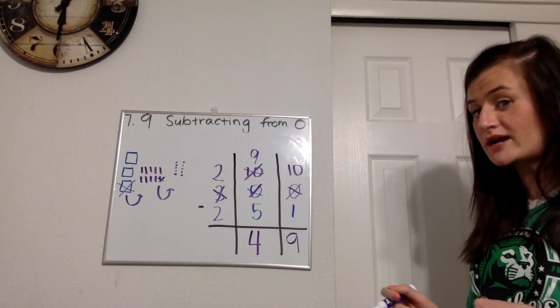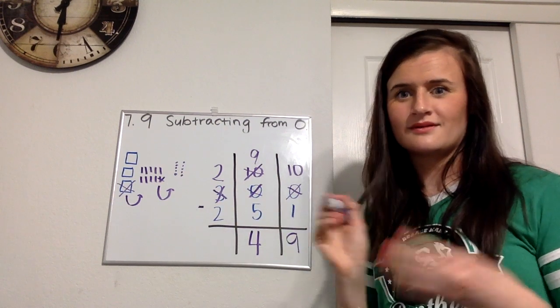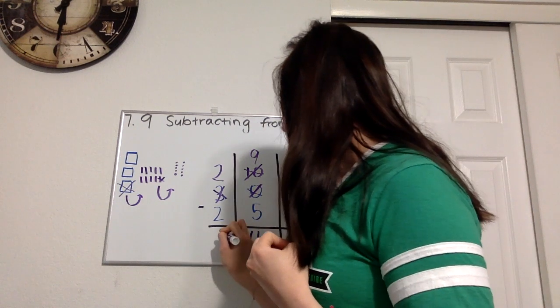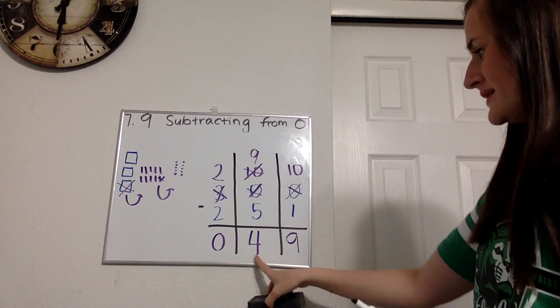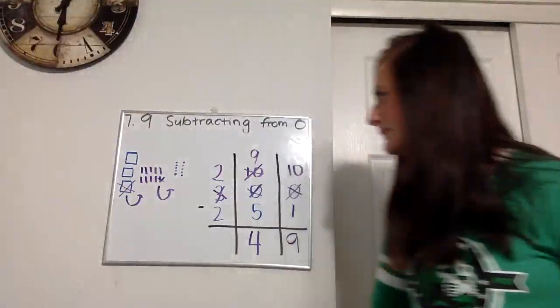And let's see if we can subtract our hundreds. 2, take away 2, nothing. 2 take away 2 is 0, which you could also leave blank because our answer is 49 and we don't normally see a 0 in front of our 49.